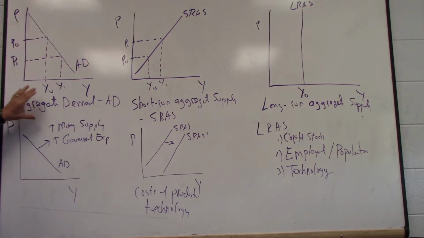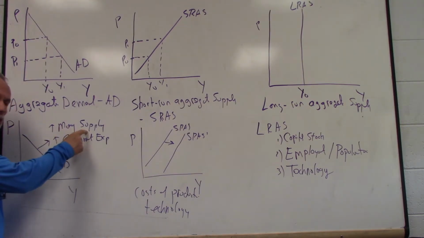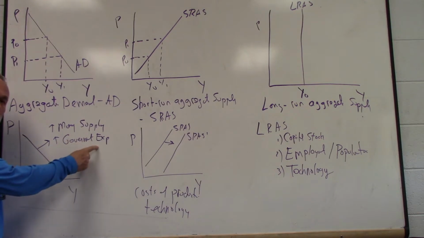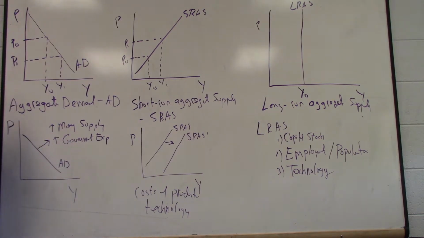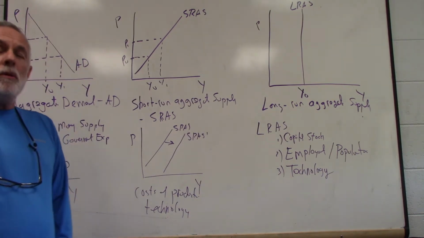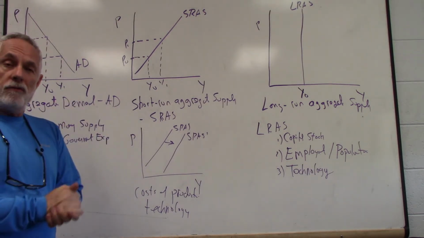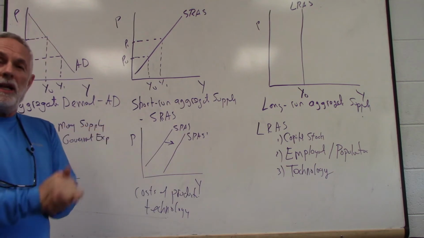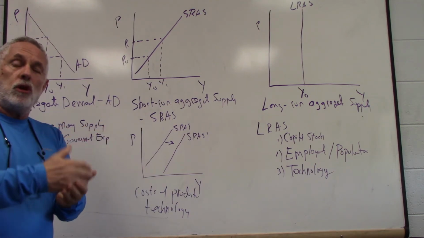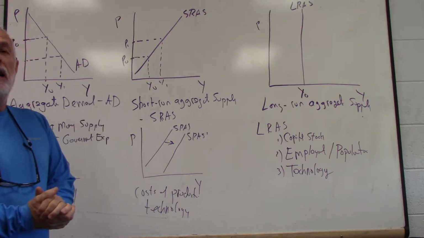Now we also have the factors that shift the aggregate demand curve. And what we're going to focus on this semester is two components: changes in the money supply and changes in government expenditures. So if you recall about a change in the money supply, if there's an open market purchase of securities, the Federal Reserve will buy bonds from the bank. The banks will then have more excess reserves, and those excess reserves will be loaned out to businesses and households.